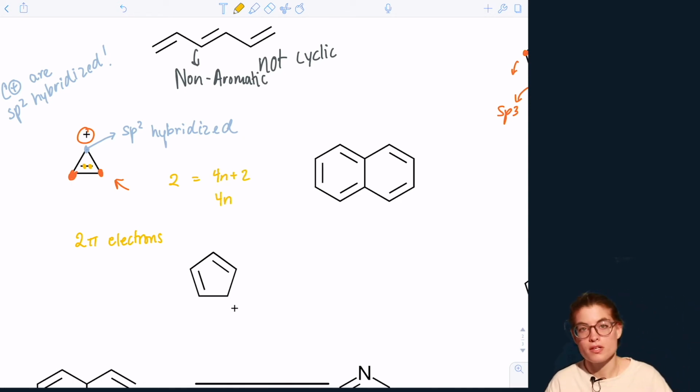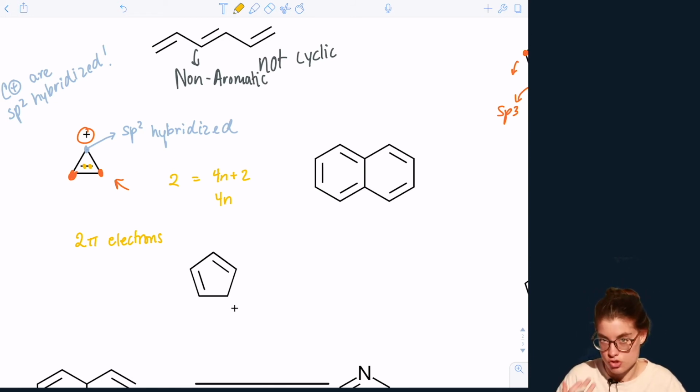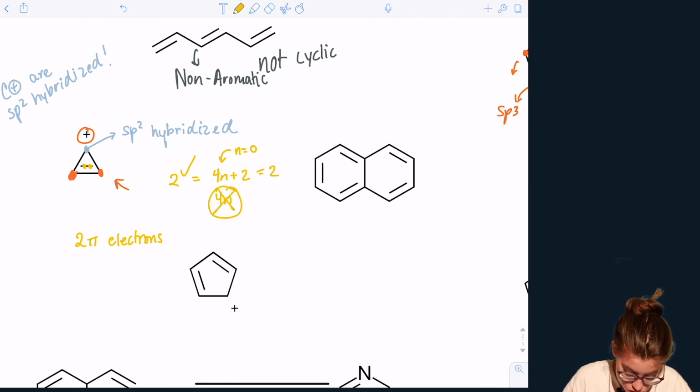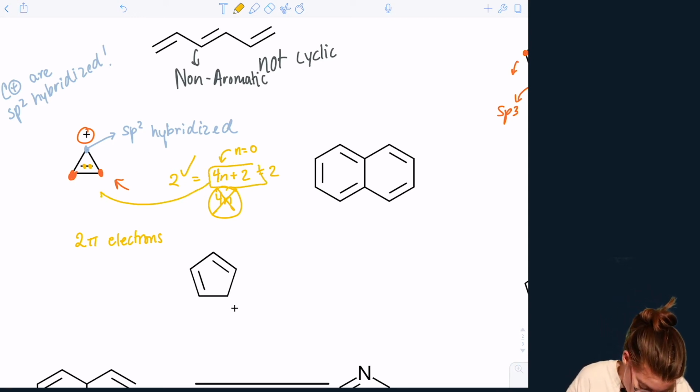And remember, 0 is a whole number. So we can count n to be 0. And in fact, if n equals 0, then this will equal 2. And that's exactly what we want. Right? The 4n equation will never give us 2 no matter what whole number we use. So that means that this molecule is aromatic.